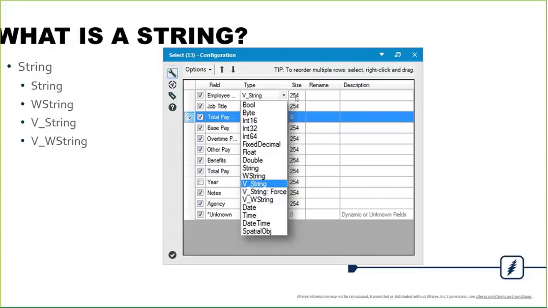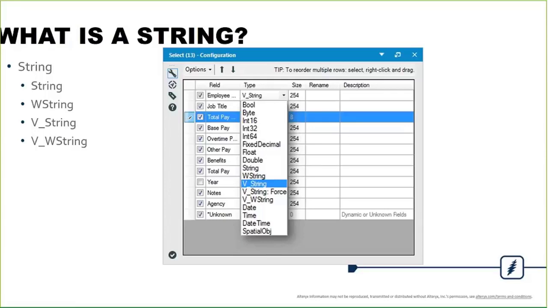If I select a v-string 254 for a last name field, it says, I'll take last names up to a length of 254, but if they're shorter, I'll adjust the size so it's more efficient with my machine. So if my name's only 10 long, it will reduce the size down to 10.